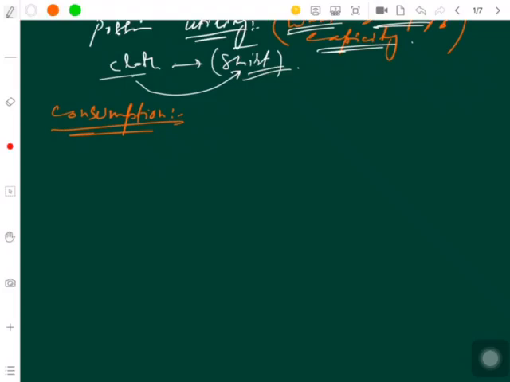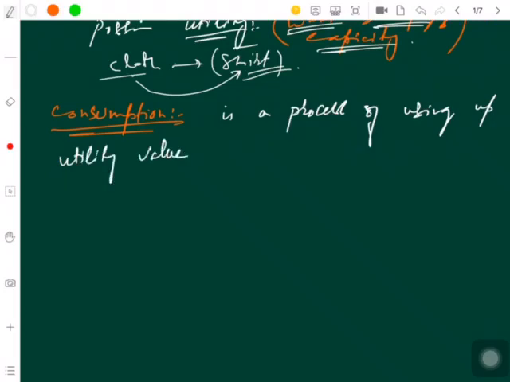So consumption is a process of using up utility value, or we can write it in simple terms, process of using the goods and services produced by the producer. Those goods and services are being used because they possess a utility. So we'll use this very word, utility value of goods and services.